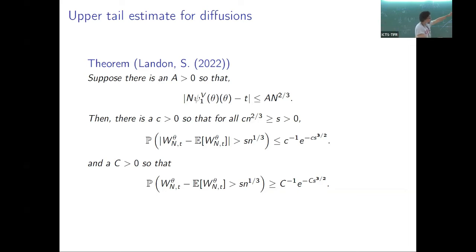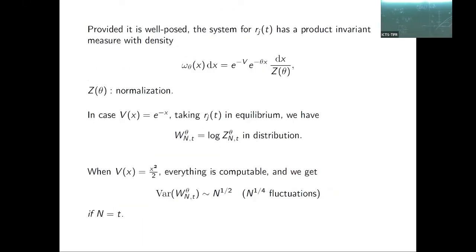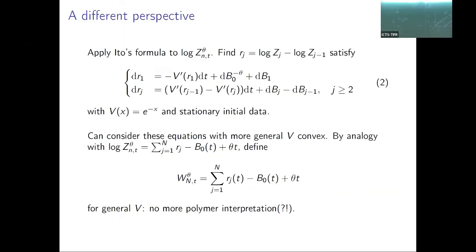Because remember, we started with W of n, t, theta, just to be perfectly clear. So I guess it's more important that people understand the result than spending too much time on technicalities. We just start from the SDEs. There are no more paths. There are no more integrals. There is no more Gibbs measure. It so happens that with these SDEs, with the correct initial data and with the correct choice of V, you reproduce the O'Connell-Yor polymer. But if you take a different V, there are no more paths.